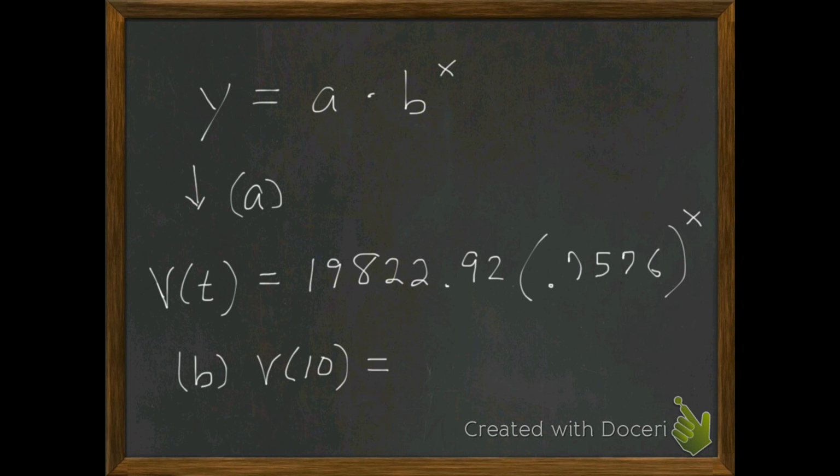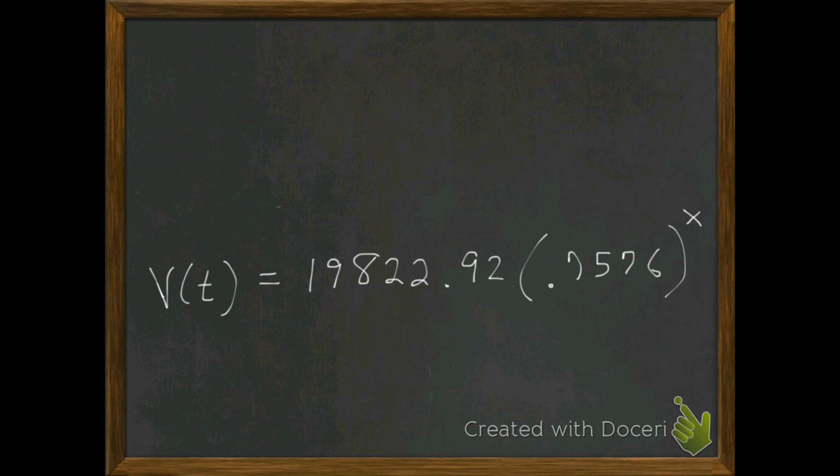So I'm going to cheat a little bit here, gang. And what do we need to do in part B? We need to put 10 in for x.